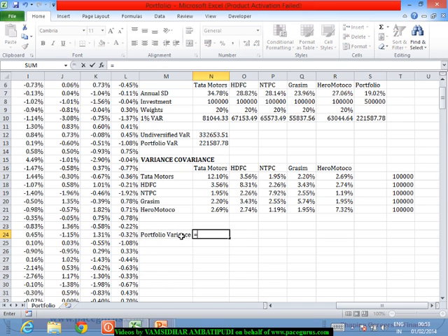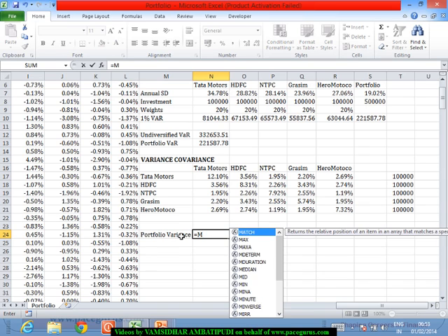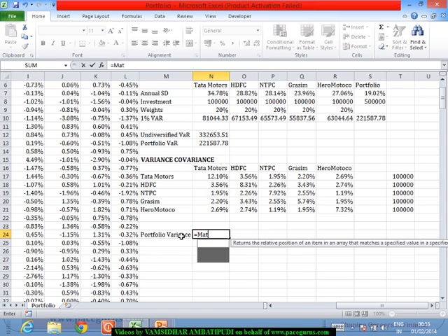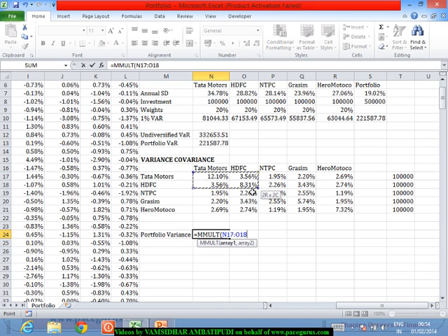Portfolio variance is what we can get directly by doing a matrix multiplication. First I can consider this one as well as this. So this is a 5 by 5 matrix and this is a 5 by 1 matrix.